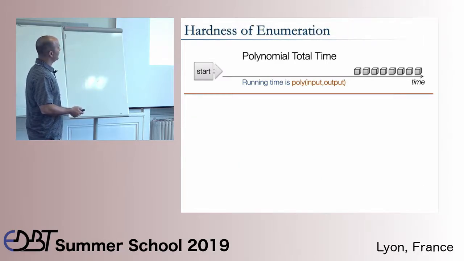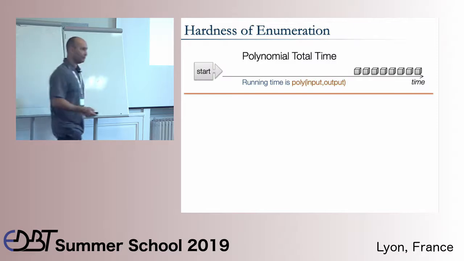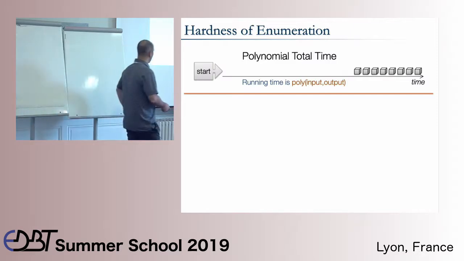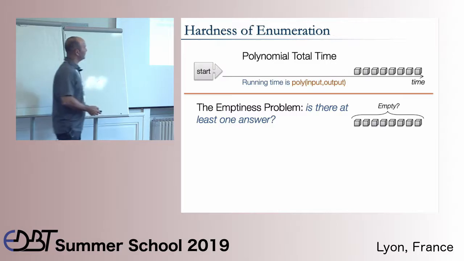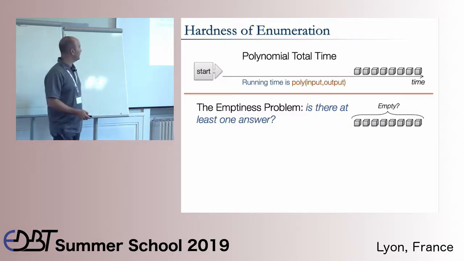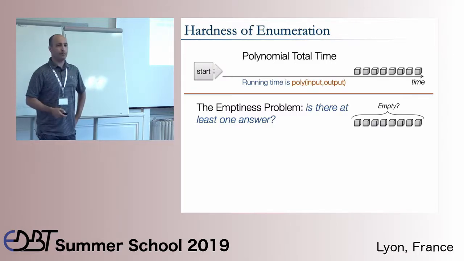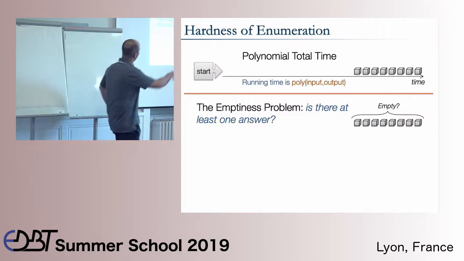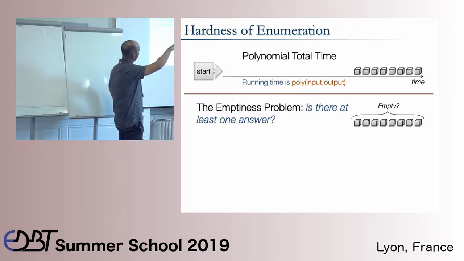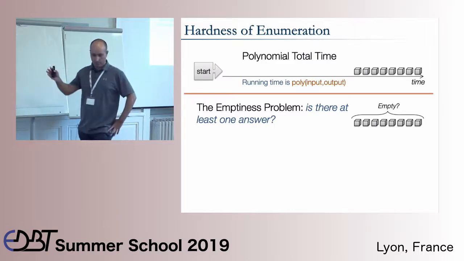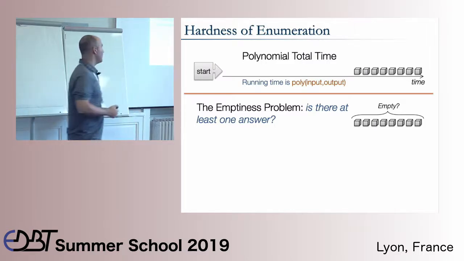How do we prove hardness of enumeration? Well, one of the simplest ways of proving hardness is by showing that the emptiness problem is hard. So we have this problem of generating all of these answers, and I want to show that there is no algorithm that runs in polynomial delay or polynomial total time.